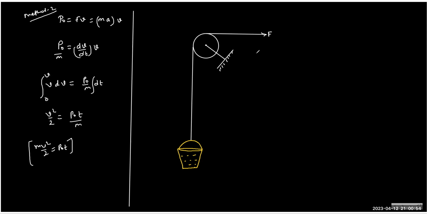You're pulling this thread by a force, and the bucket is going up with constant velocity. Let's say the mass of the bucket is m. So what is the power of the person applying the force F? How much power is he generating?